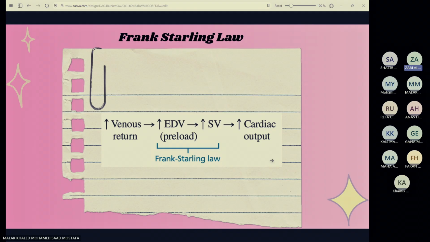So in this relationship between the preload and the stroke volume, when there's more muscle stretch, the stroke volume will be greater. So more blood will be ejected out of the heart. Do you get that? And why is muscle stretch greater? Because there's more blood. And when stroke volume increases, obviously cardiac output also increases. So the Frank-Starling law is basically just this relationship between the preload, or the degree of muscle stretch, and the stroke volume.